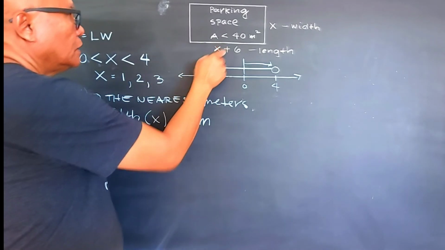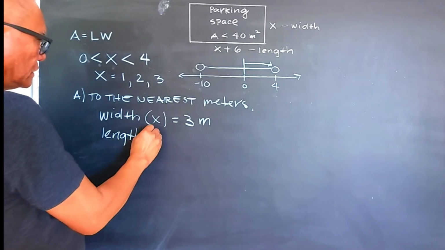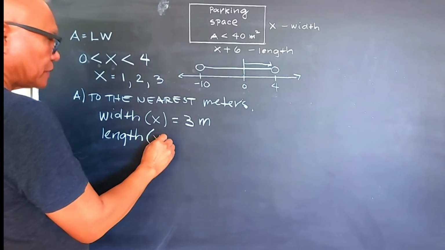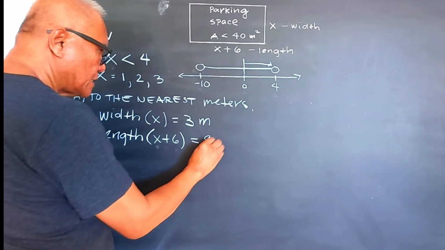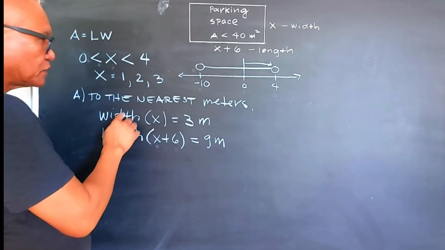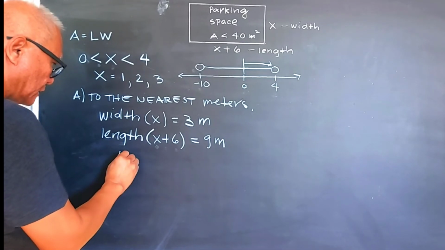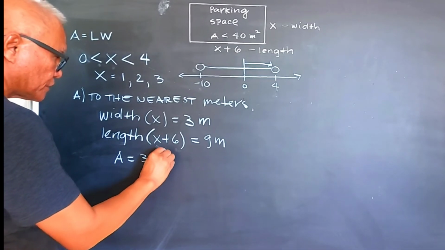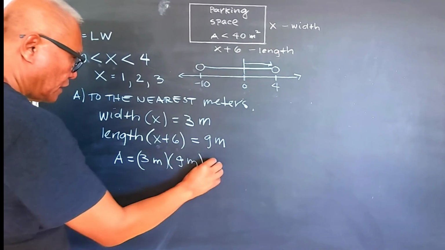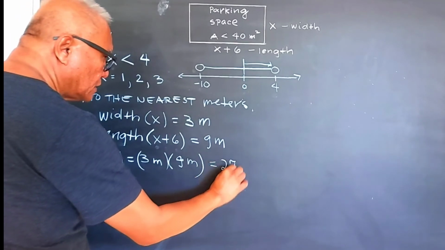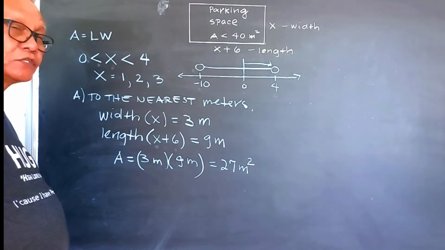What about the other one? The length now is x plus 6. So 3 plus 6 is 9 meters. That is to the nearest meters. If you're going to check the area now, area is equal to 3 meters times 9 meters. So we have only 27 square meters, which is less than 40 square meters.